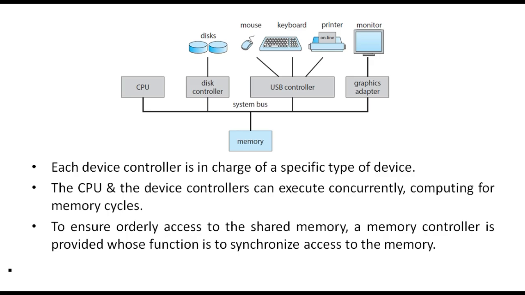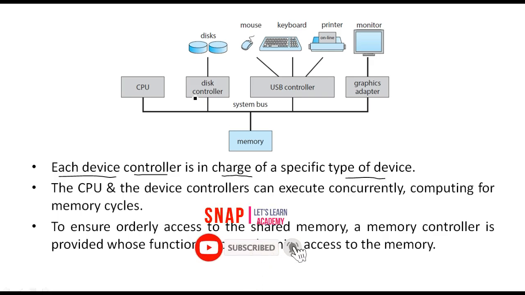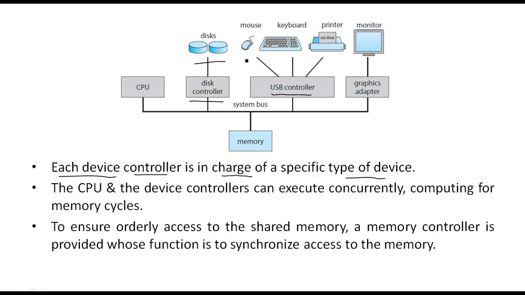As I said, each device controller is in charge of a specific type of device. The disk controller is in charge of the disk, USB controllers are in charge of mouse, keyboard, joystick, light pen, printer, etc., and the graphic adapter controller is responsible for the monitor, projector, etc. Similarly, the memory controller is responsible for the memory.